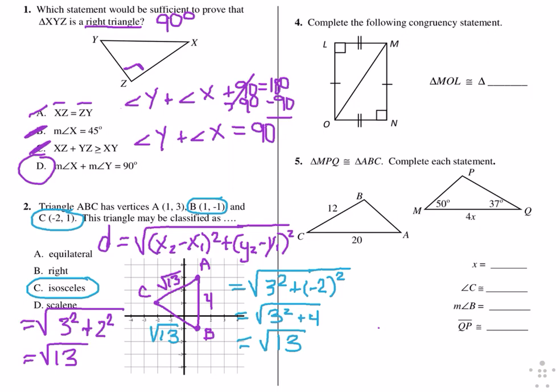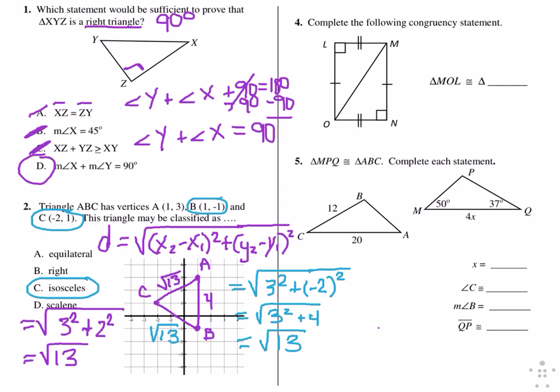Alright, let's look at number 4. I'm not going to scroll down to number 3 just because of the way that I already took the picture. Number 4 says, complete the following congruency statement. So on number 4, you're trying to match up the letters correctly so that they correspond to triangle MOL.